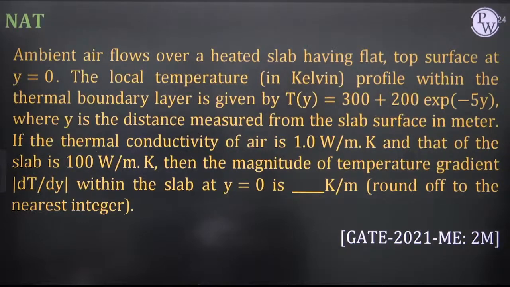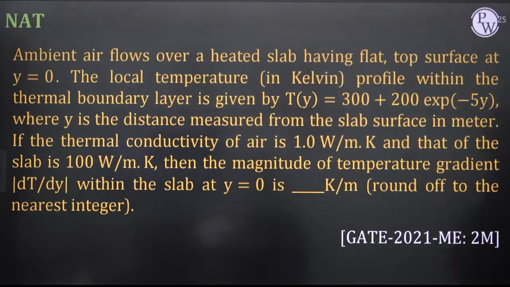The local temperature profile within the thermal boundary layer is given by 300 plus 200 e to the power minus 5y, where y is the distance measured from the slab surface in meter. Thermal conductivity of air is 1 watt per meter Kelvin and that of the slab is 100 watt per meter Kelvin. Then the magnitude of temperature gradient within the slab at y equal to 0 in Kelvin per meter.